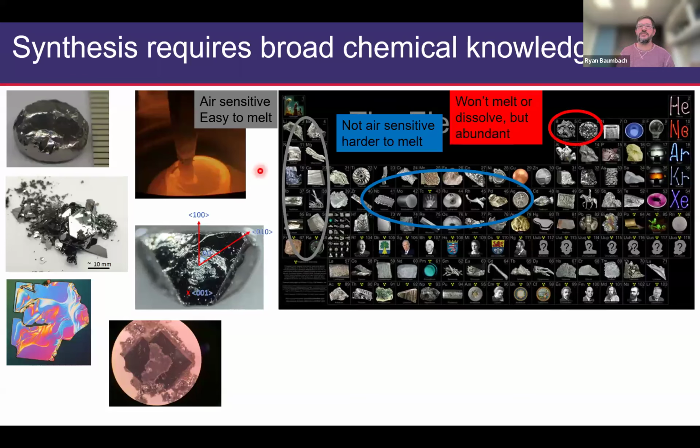Elsewhere, in these light elements, boron and carbon, they're super abundant, but they're also a giant pain because they don't like to melt and they don't like to dissolve into other things. So if you want to deal with these elements, you have to have a strategy going into it. Okay, what else? P-block elements, a lot of them have high vapor pressures.